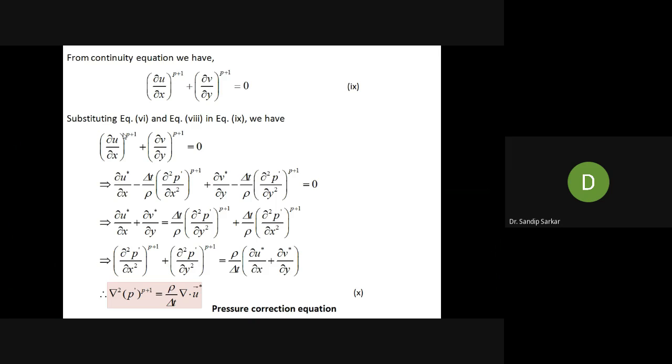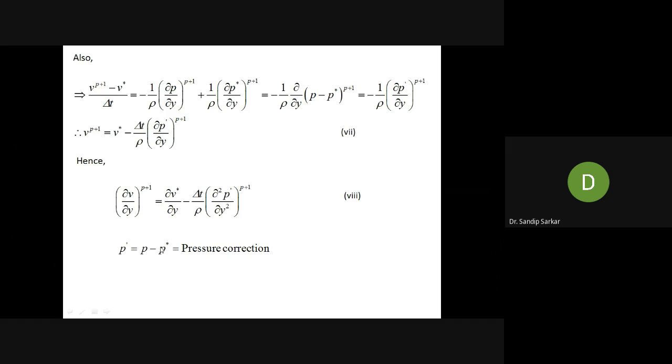This is the SIMPLE algorithm, which involves the predictor and corrector steps. In the predictor step, we calculate the predicted velocities u star and v star. In the corrector step, we basically solve the pressure correction equation. This is one of the most important equations in the SIMPLE algorithm. We solve it to obtain the value of p prime. Once we obtain p prime, we correct the pressure: p equals p prime plus p star.